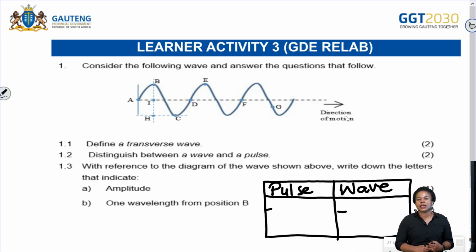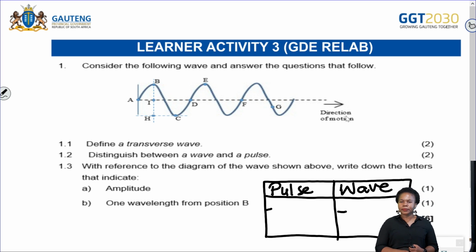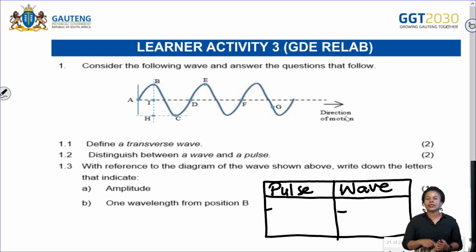All right. With reference to the diagram of the wave shown above, write down the letters that indicate the amplitude. There is even a dotted line.